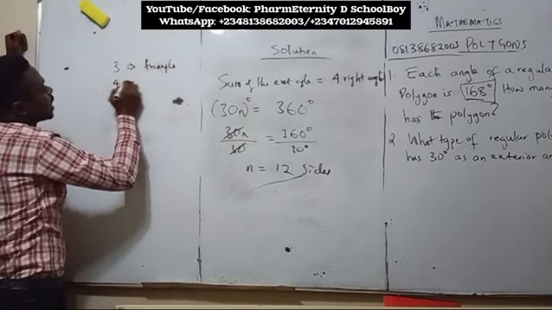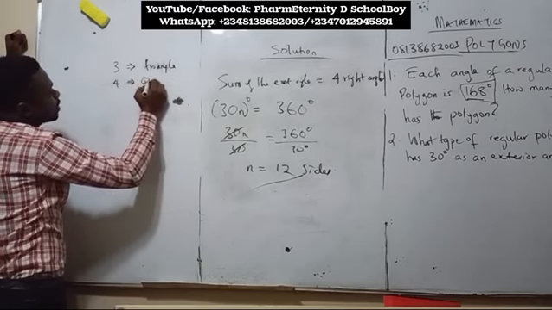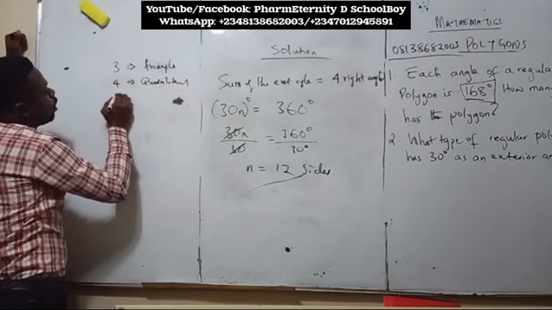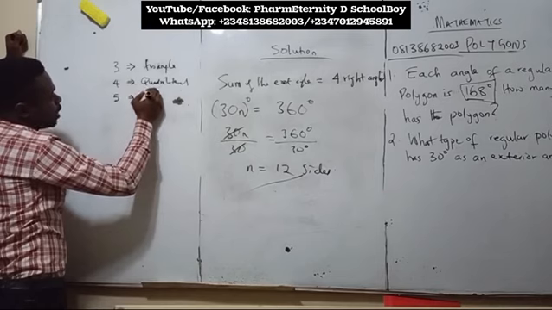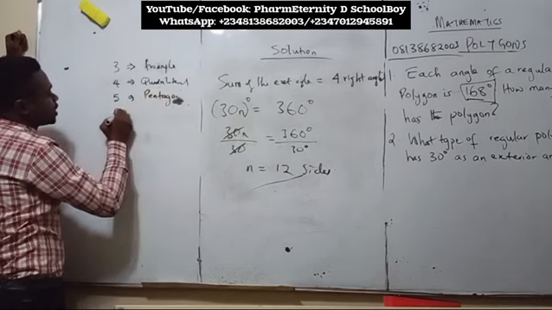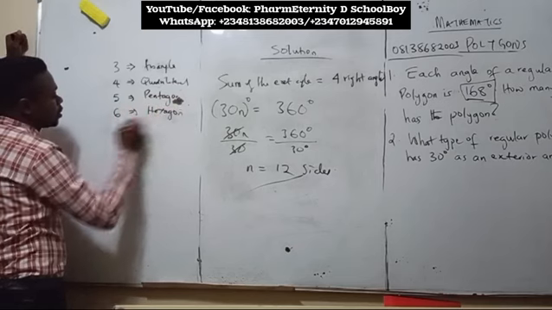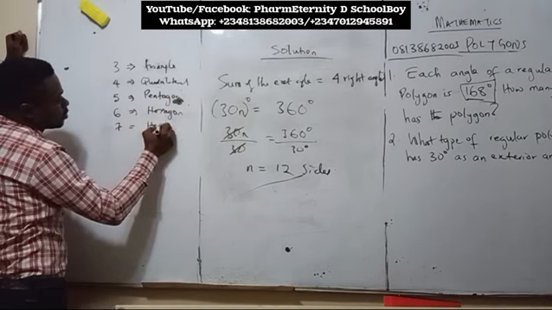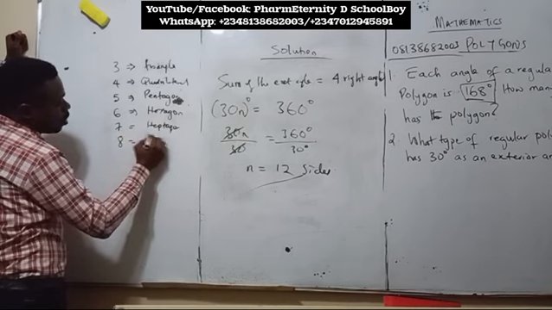The one with 4 sides is called quadrilateral. The one with 5 sides is called pentagon. The one with 6 sides is called hexagon. The one with 7 sides is called heptagon. The one with 8 sides is called octagon.